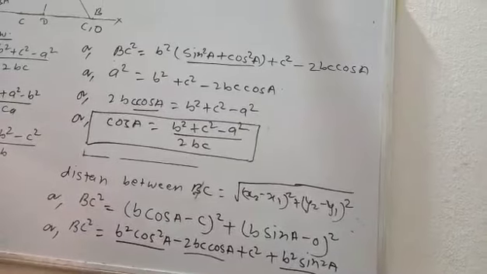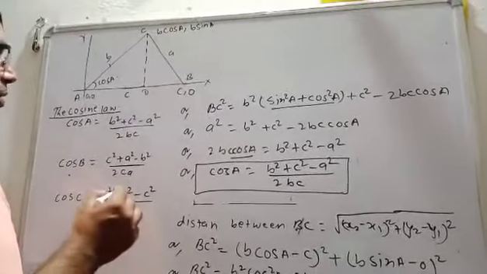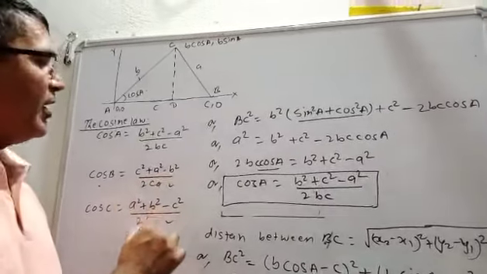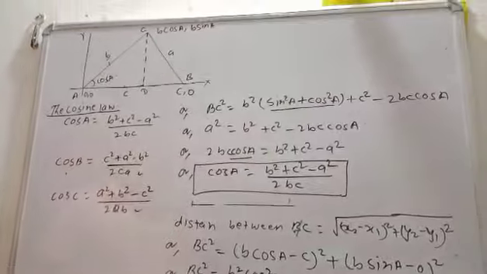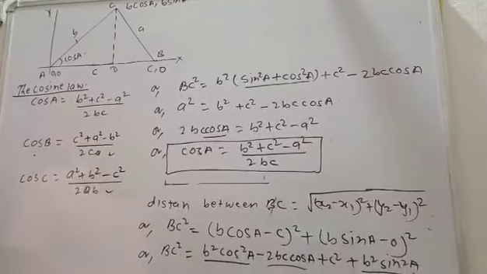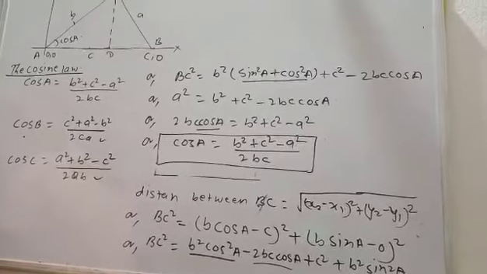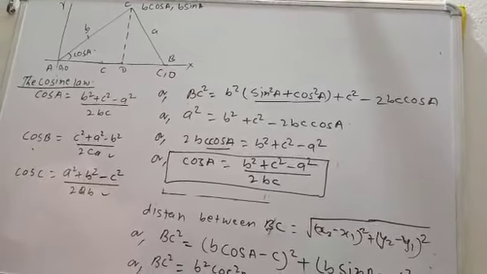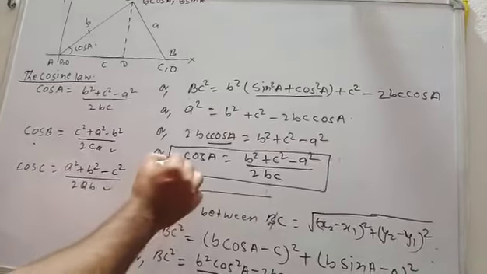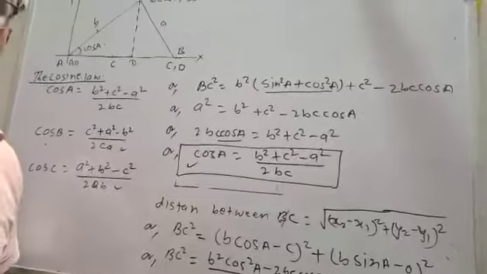Similarly, we can derive any other relation from the figure. In any triangle, the relation between all the sides and cos A is known as the cosine law, and this much. Thank you.